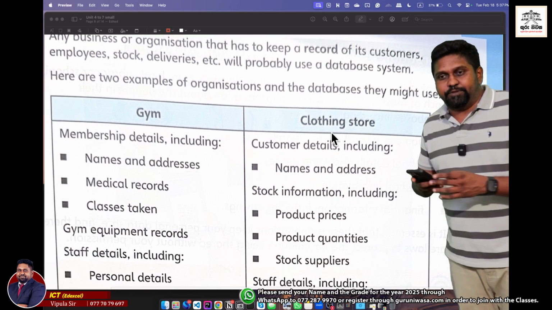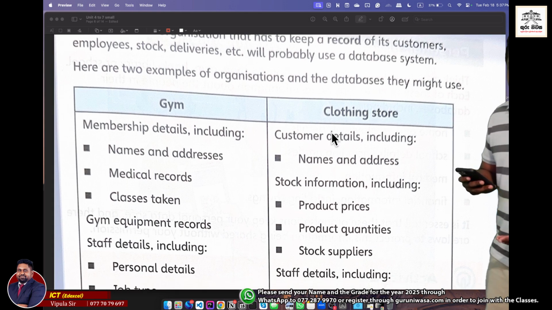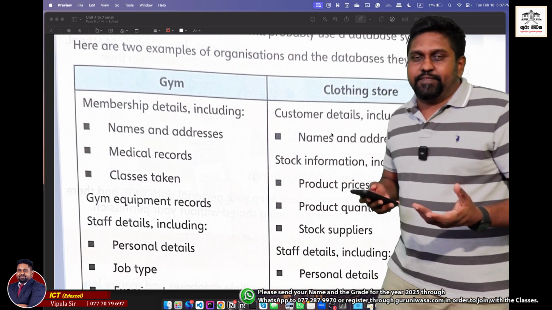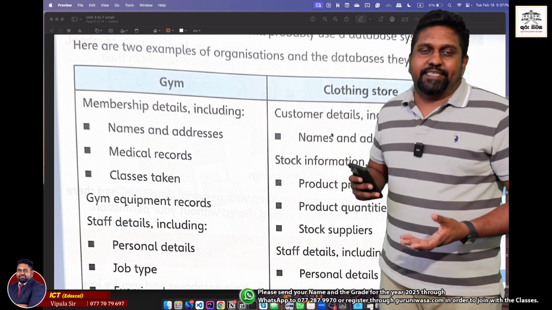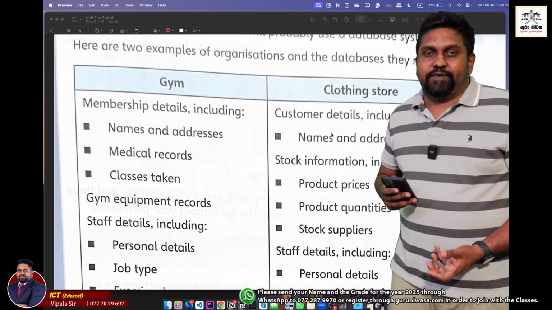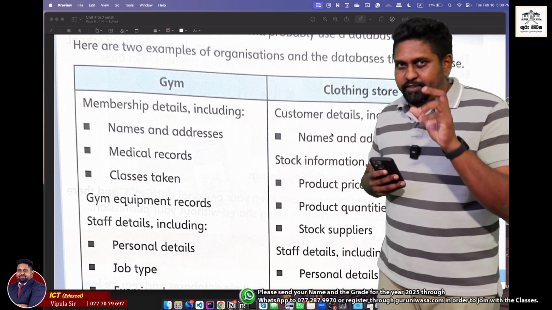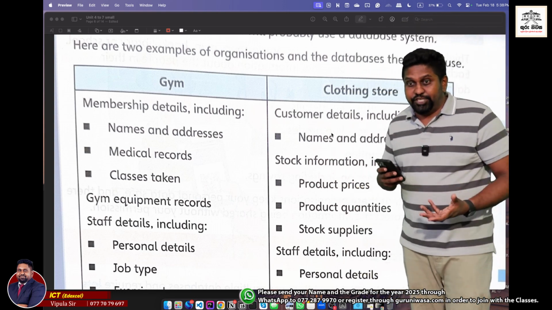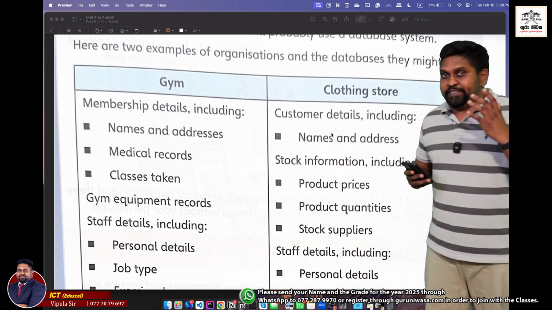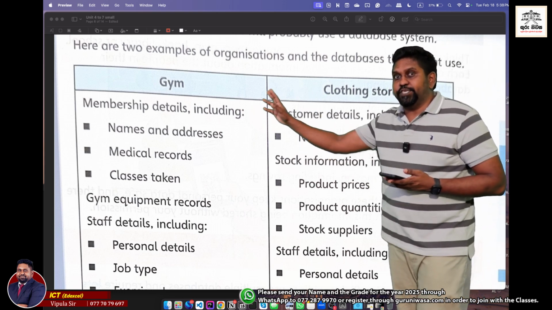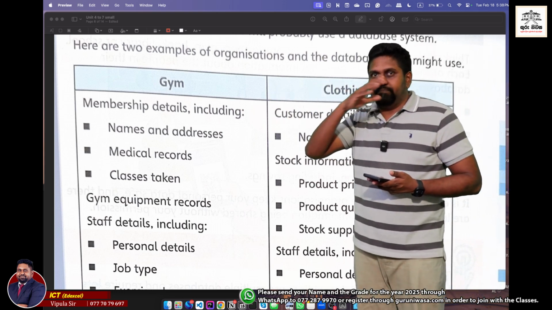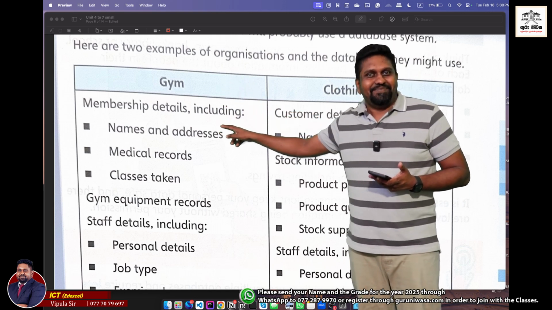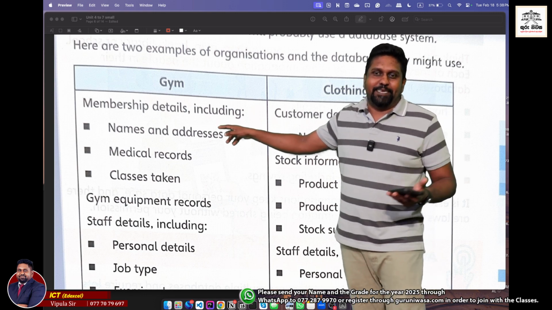When it comes to the gym, there are certain points, or we call them factors, which we need to save, right? A factor means a specific point. Now if we take the gym, then there are specific details which we need for the gym, right? For example, you need the name and the address, right? Obviously, name and address, both have to be there.